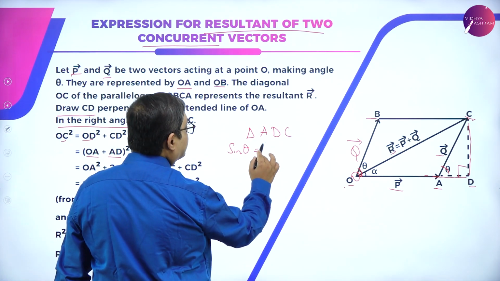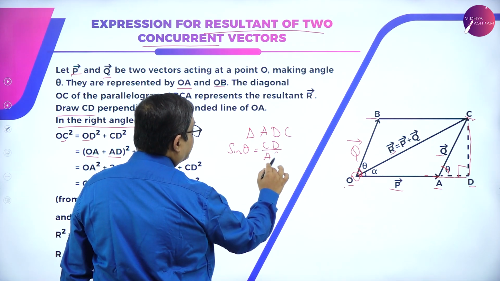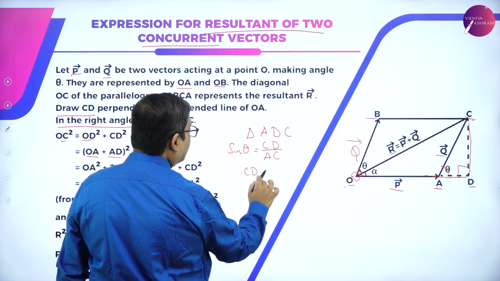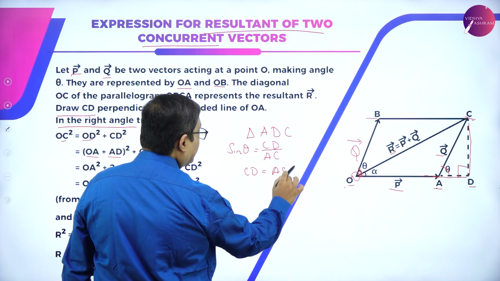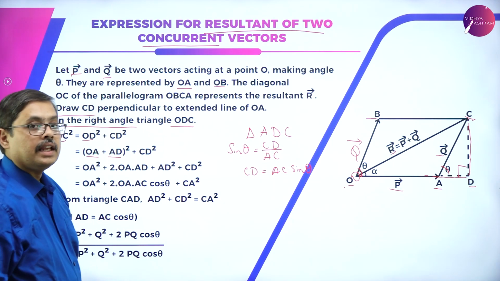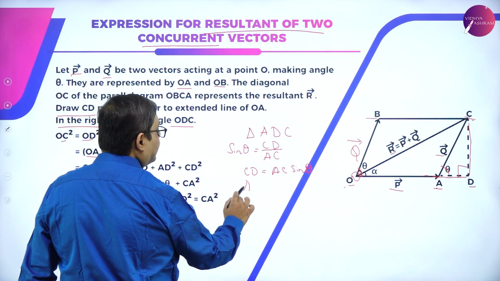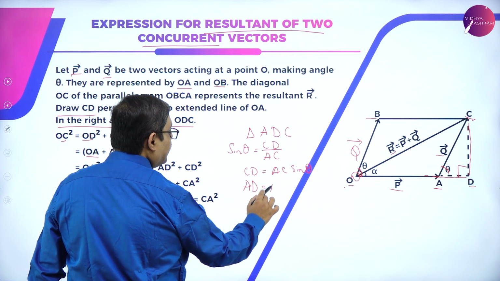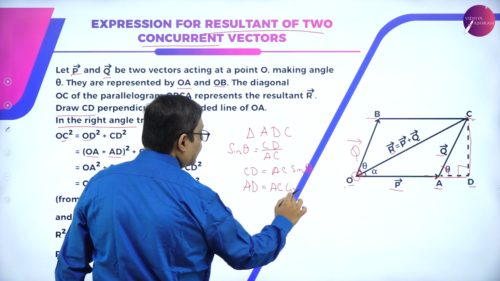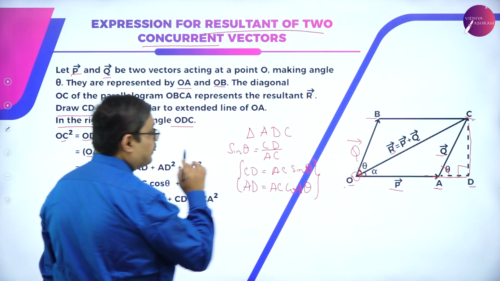What is opposite? It is CD. What is hypotenuse? It is AC. So CD equals AC sine theta. Similarly, the adjacent AD will be AC cos theta. Let us keep this aside. We will require this.